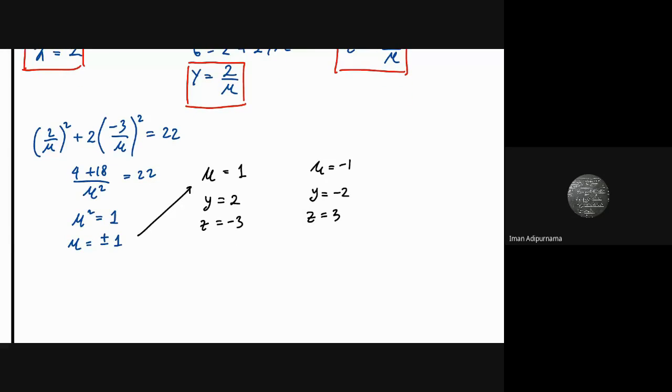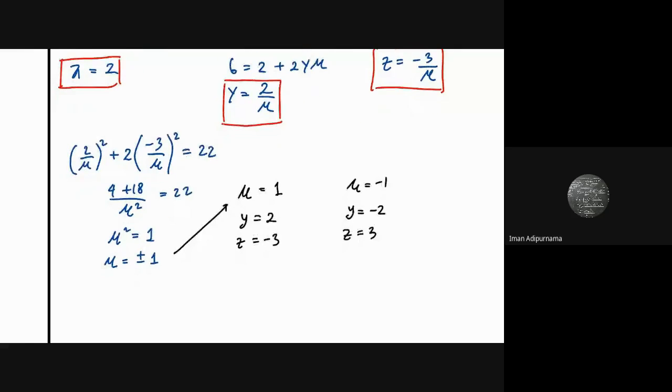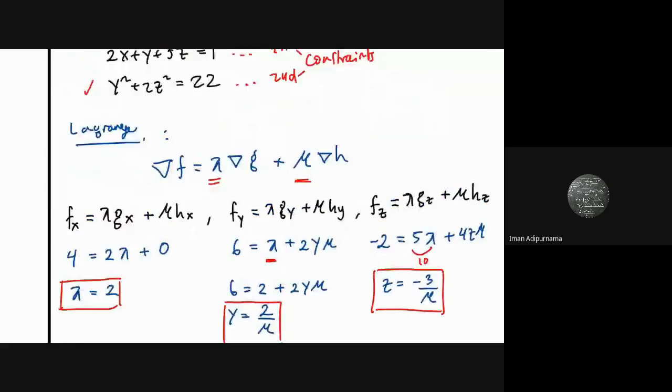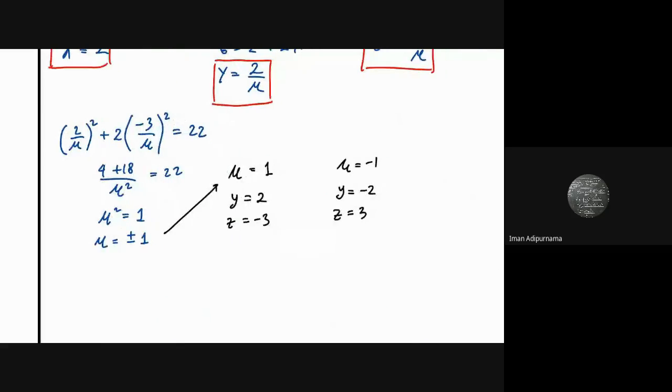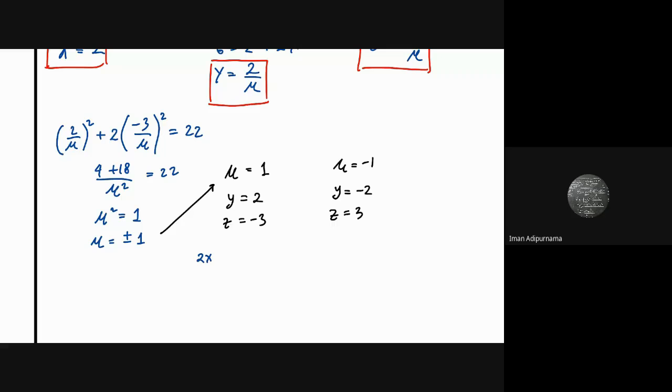From both of these, we can take the first constraint and look for x. So 2x plus 2 plus 5 equals 1. So 2x is 14 and x is 7.